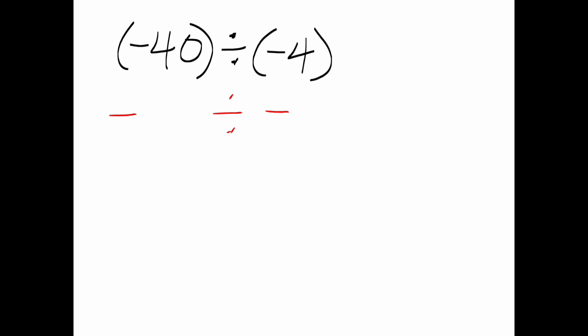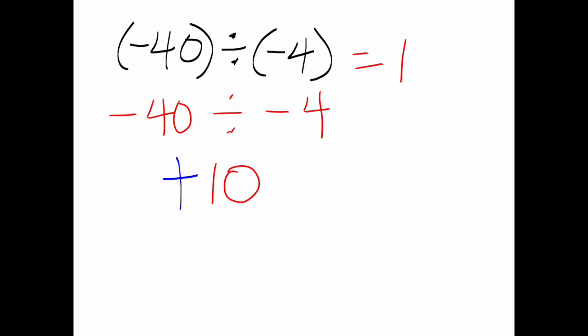And that is what? Plus, from the chart, right? Good. And then the figures, 40 divided by 4, that gives us what? 10. Very good. So it means that minus 40 divided by minus 4 is plus 10. Do you understand?